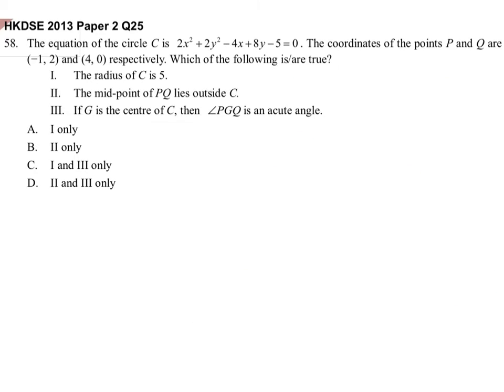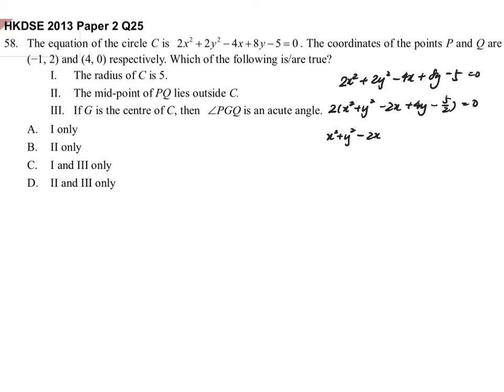We jump to question 58. The equation of the circle C is 2x squared plus 2y squared minus 4x plus 8y minus 5 equals 0. The coefficients of x squared and y squared are 2, not 1. So we need to take out the coefficient 2. Inside the bracket, we have x squared plus y squared minus 2x plus 4y minus 5 over 2 equals 0.